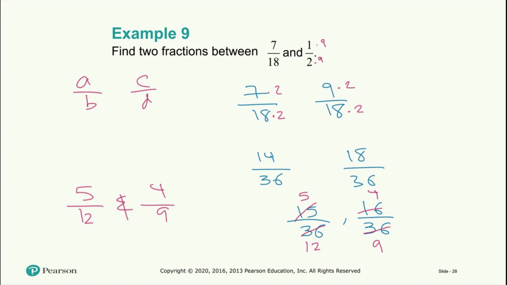But remember, dividing by 2 is the same as multiplying by a half. So I can just take 1/2 times the sum of those, and I end up with another fraction that's going to be in between those two fractions. So there is one quick way to prove that given any two fractions, you can come up with at least one other fraction in between.